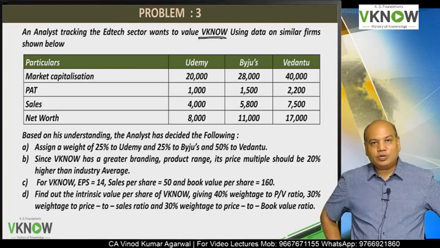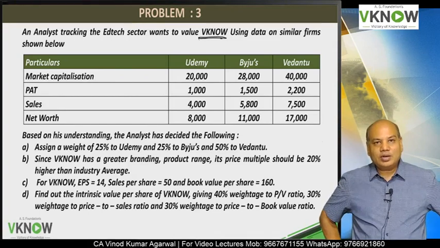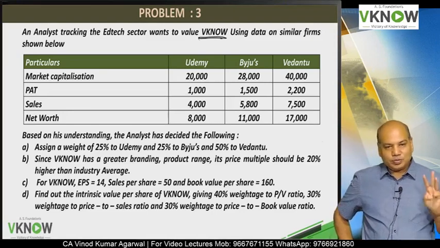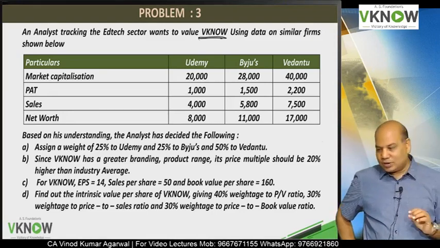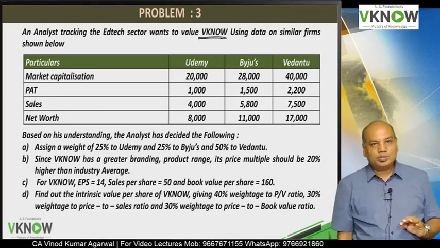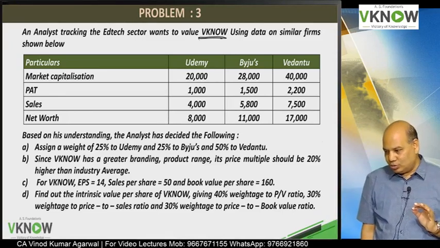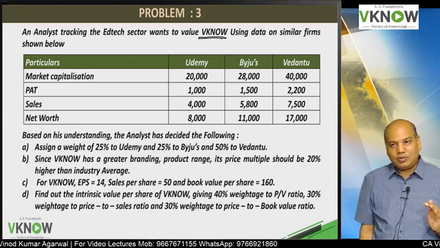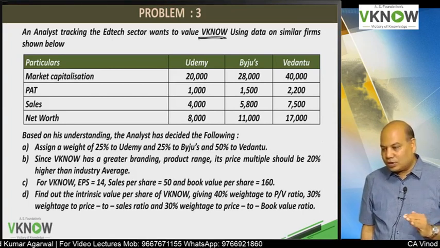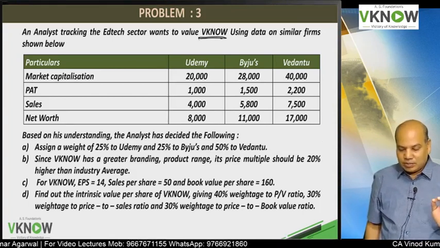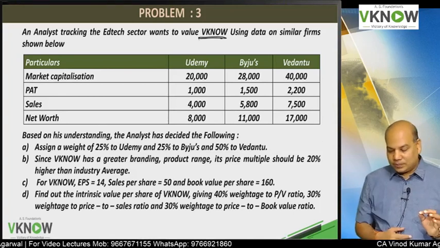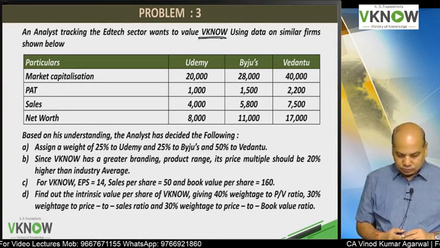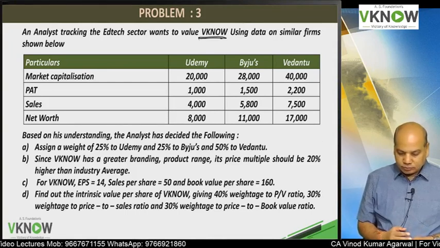So they have found three comparable companies. This time there are three companies, so you have to take the average of three companies. The three comparable companies are Udemy, Byju's, Vedantu. And what data is available for these comparable companies? Market capitalization, PAT, sales, net worth.